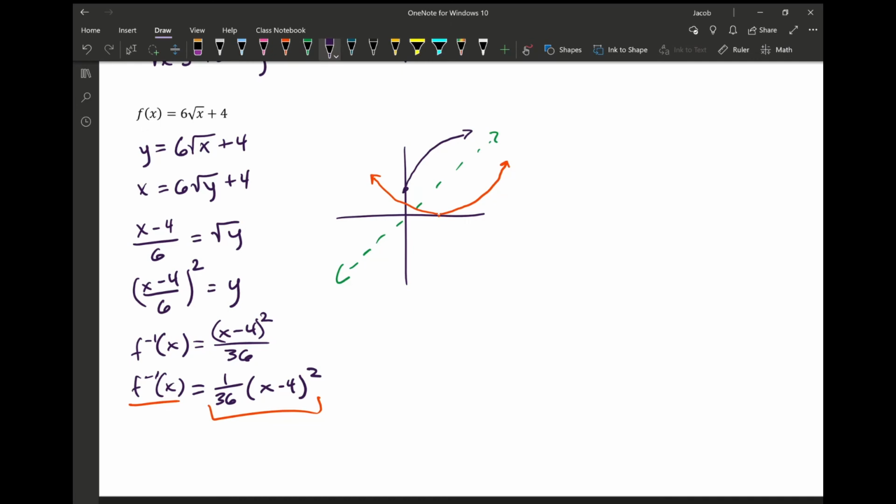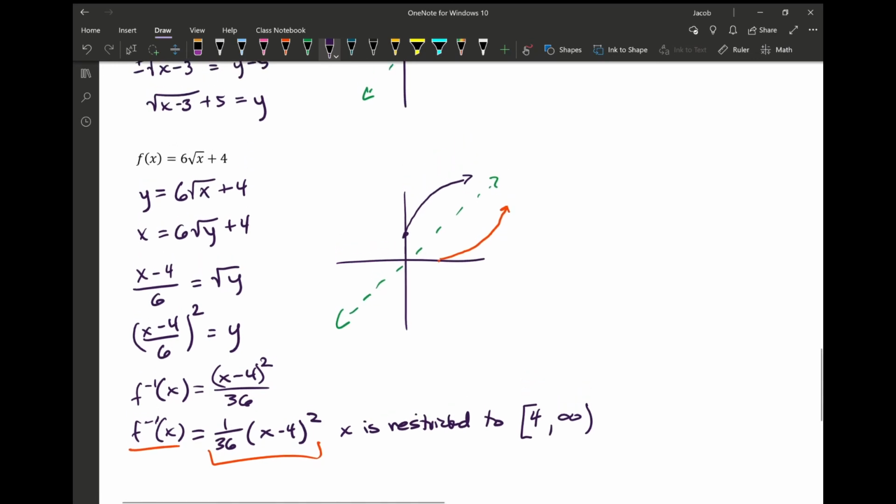So you need to say x is restricted to 4, which is where the right half begins, including 4, and then going to infinity. And that's because we have a clear reflection beginning at 4.